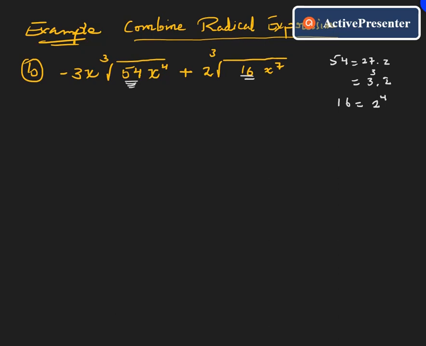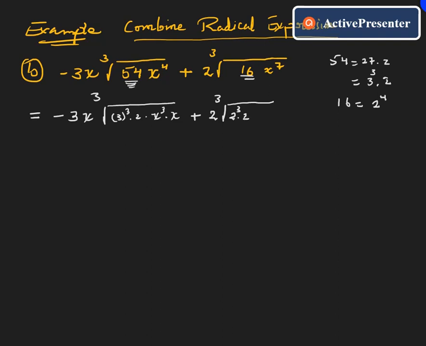Simplifying or combining the radical expression, this expression equals, this will go down, minus 3x multiplied in the cubic root of 54, which is 3 to the power 3 multiplied in 2. x to the power 4 can be written as x to the power 3 multiplied in x, plus now 2 multiplied in 16, which is 2 to the power 4, so we will write it 2 to the power 3 multiplied in 2.